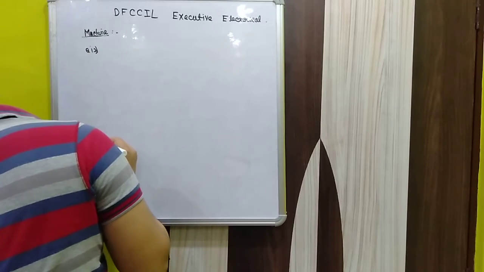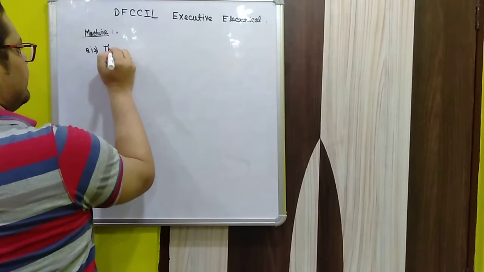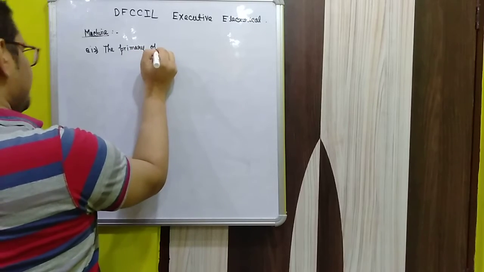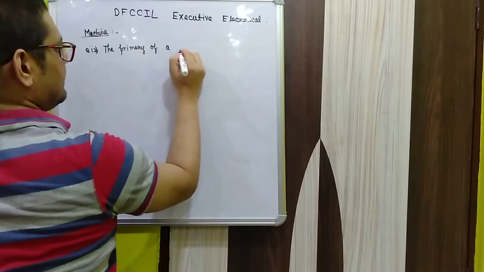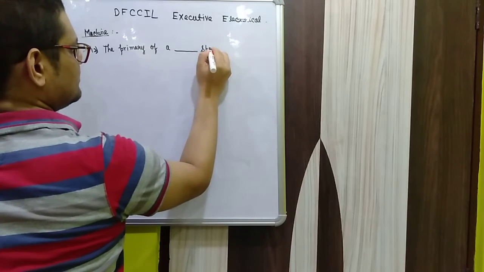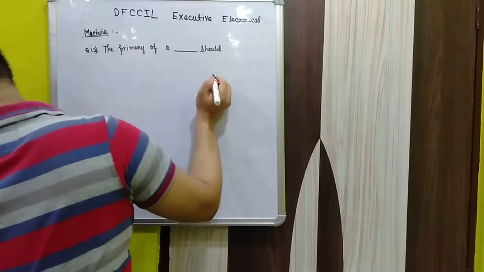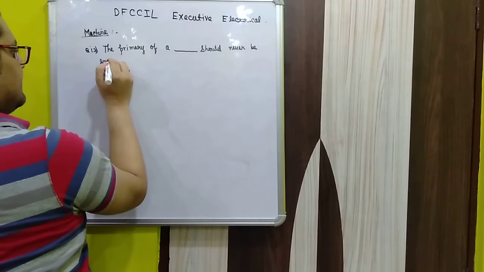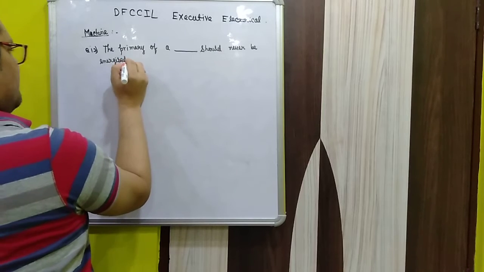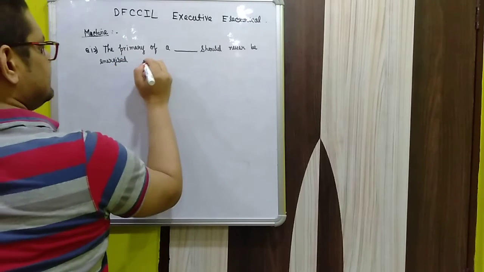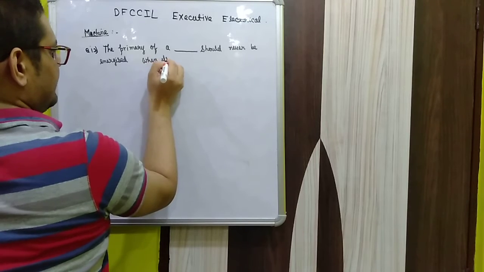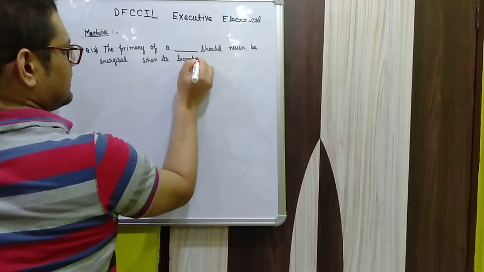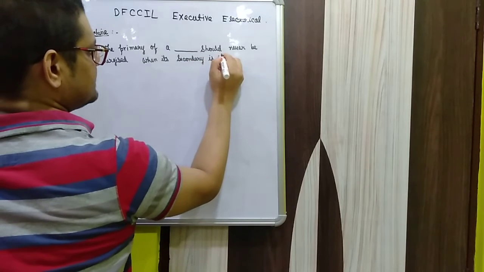Question number 13 asks: the primary of a dash should never be energized when the secondary is open circuited.